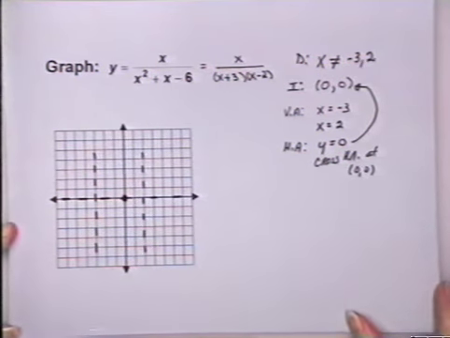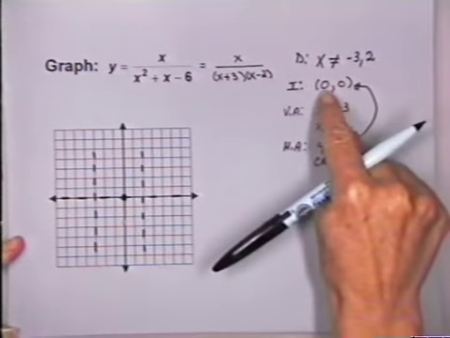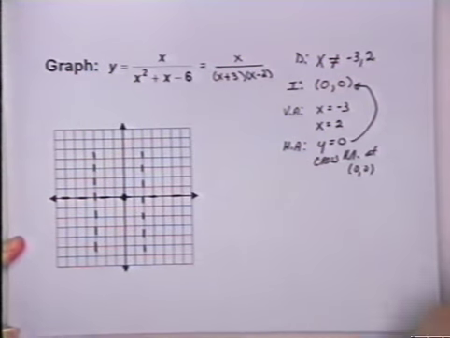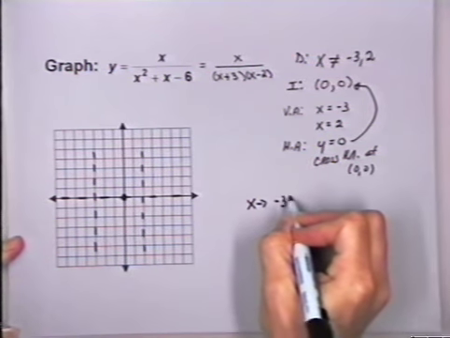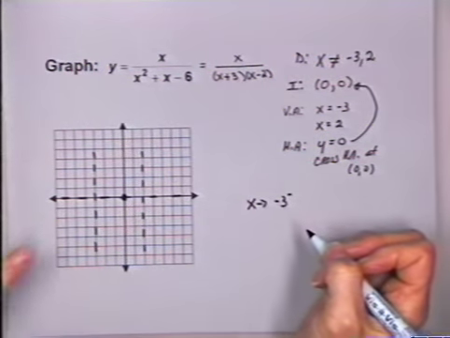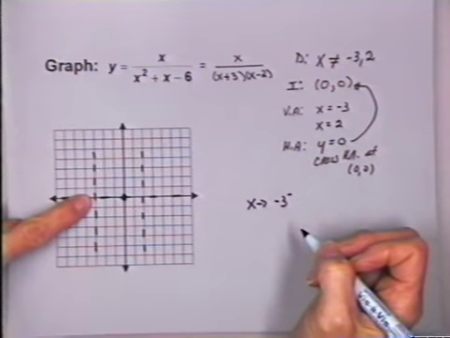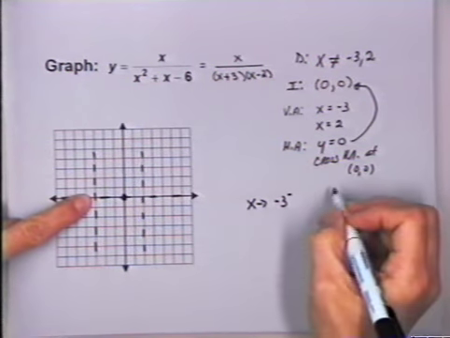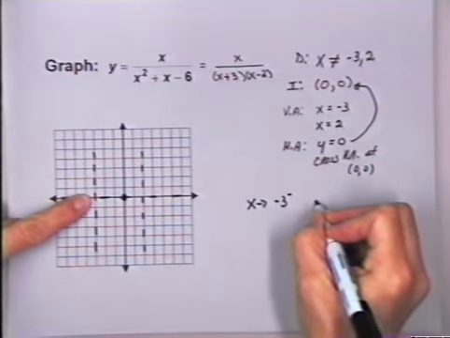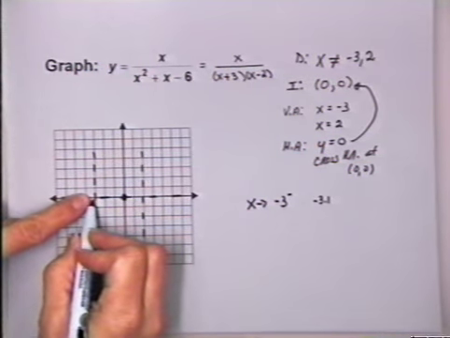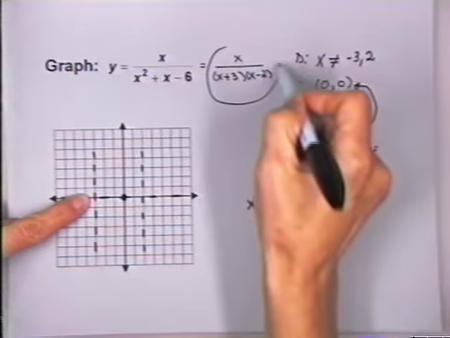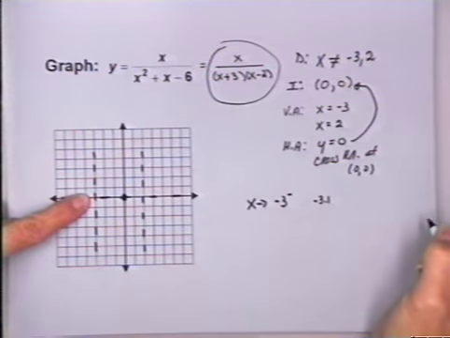And so one thing we might want to do quickly is to talk about what's happening at these vertical asymptotes. Let's talk about what happens as x approaches -3 from the left-hand side. Get just on the left-hand side of -3, and you might think of a number like -3.1. Look at this form of our function right here.